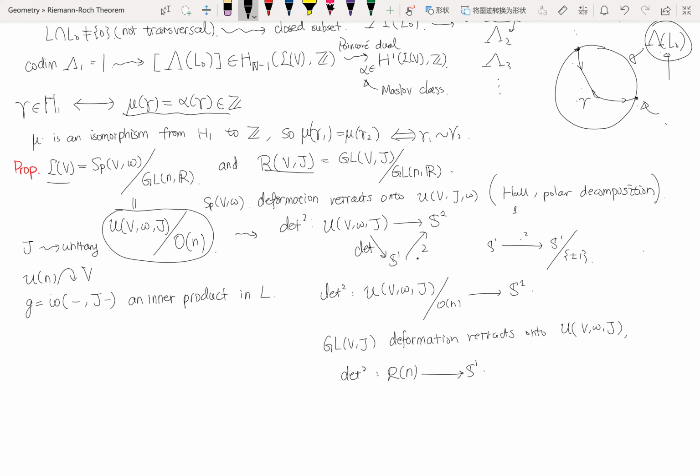And moreover, we know that Rn in fact deformation retracts onto Ln, which is equal to the unitary group quotient by the orthogonal group.